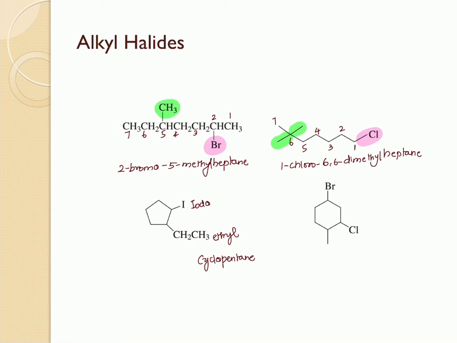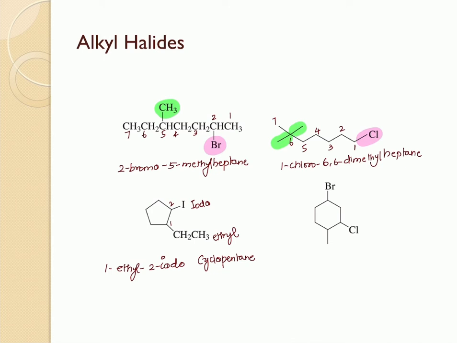You do not have any functional group here. In which case, whichever comes first in the alphabet gets priority, so the ethyl group should be assigned as number 1. And you assign the next carbon as number 2, so you're going to go in this direction. So the name for this is going to be 1-ethyl-2-iodocyclopentane.